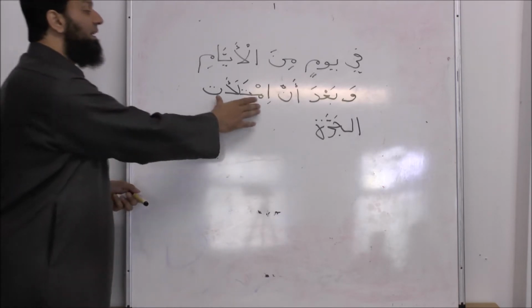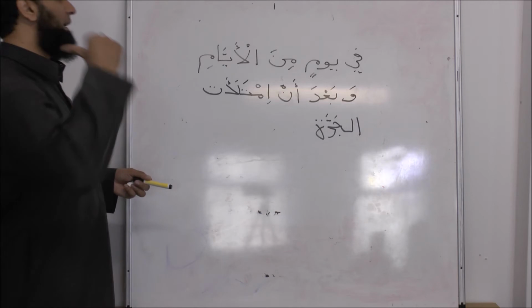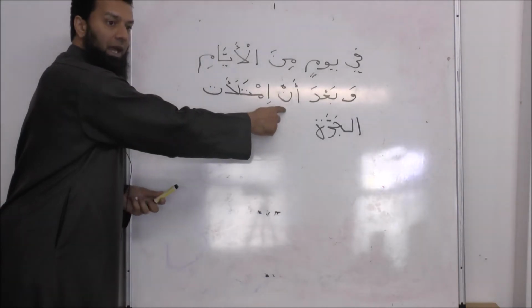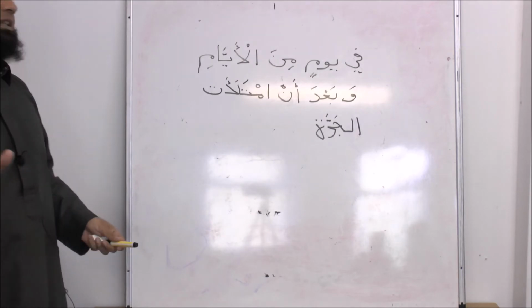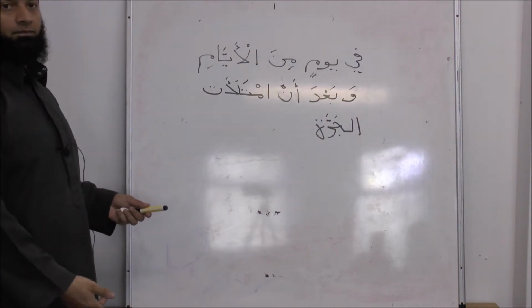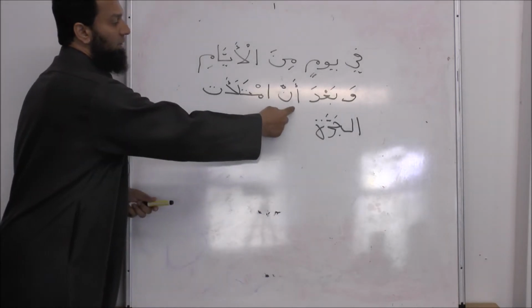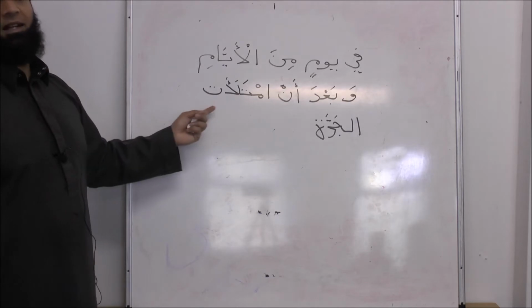So if we were beginning with that verb, we would say imtala'at. But because we've got something before it, an, you don't pronounce it. Most of the time in Arabic it's not even written in the text. Okay? So you can't say an imtala'at, can you?